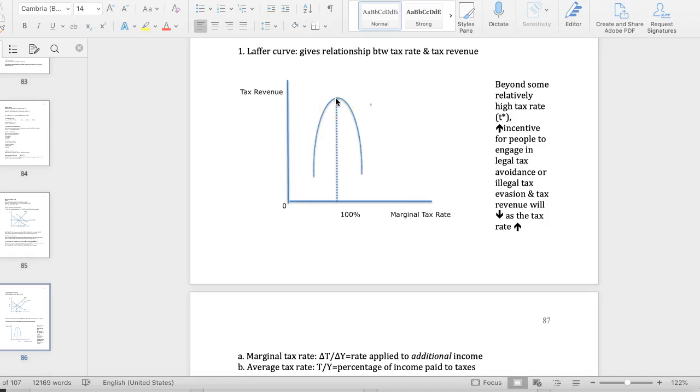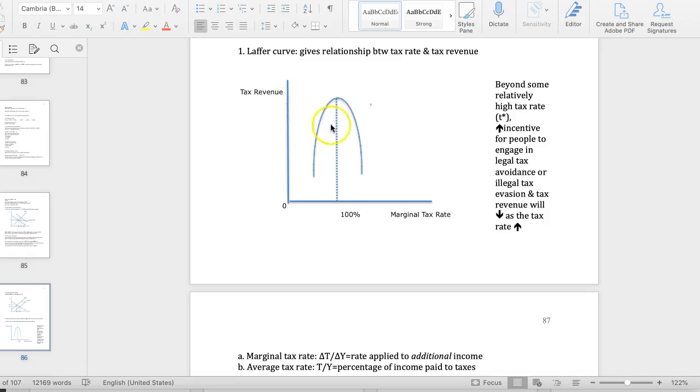But when you get to some relatively high tax rate, and that is called T star, and this tax rate is different for everyone, once you get here, see right here, if the government raises the tax rate again, they'll actually collect less money.